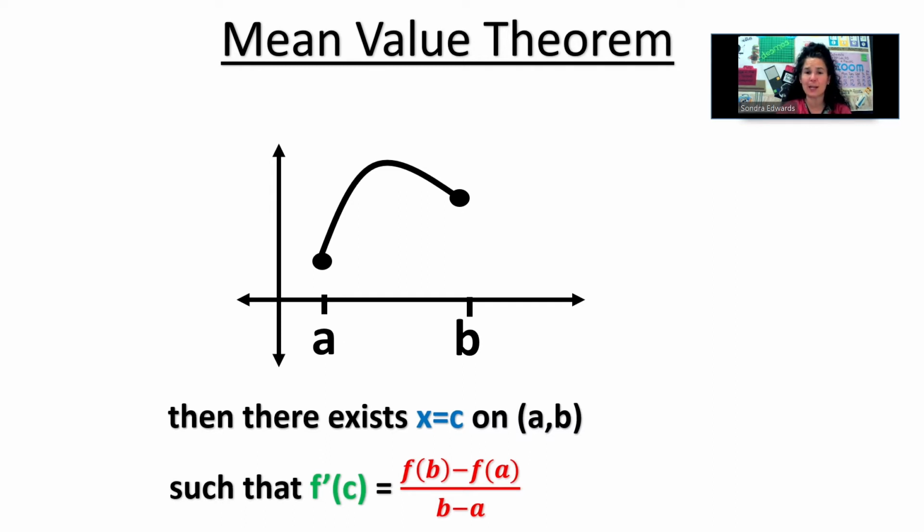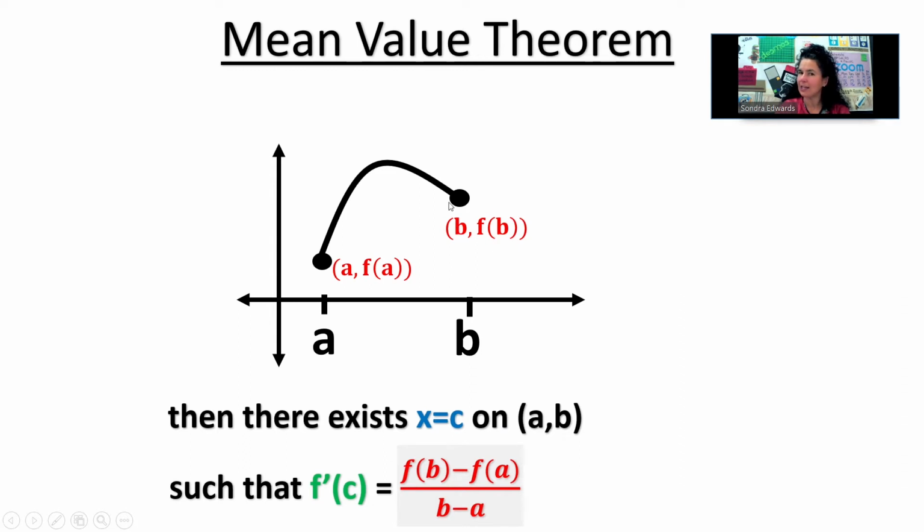All right, so let's break this part down a little bit. What does f of b minus f of a over b minus a mean? Well, here we have those endpoints, right? So if we were to substitute a into this function, we would get out f of a. So this point right there is a comma f of a. And if I substitute b into the function f, I would get the coordinate b comma f of b.